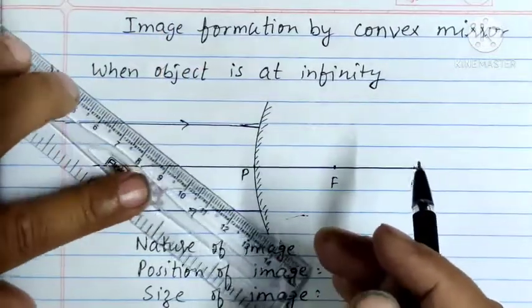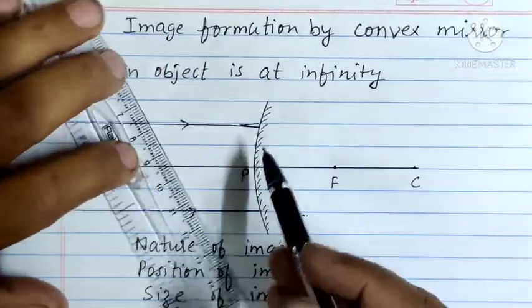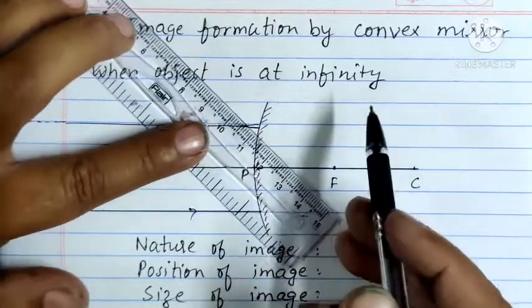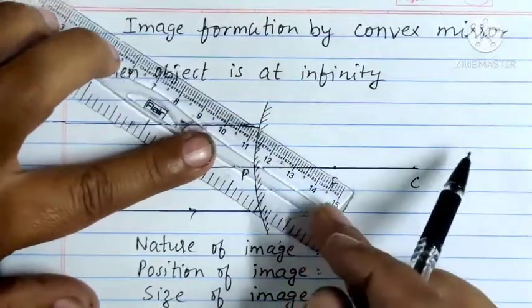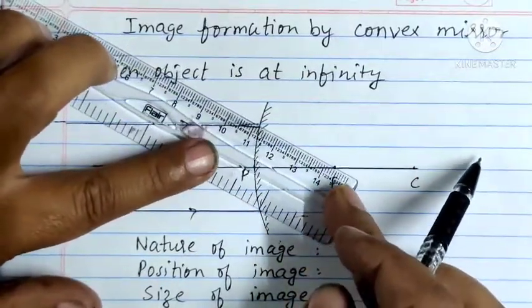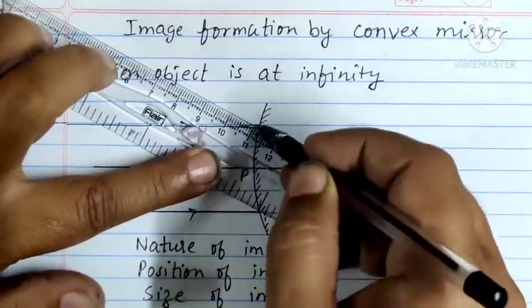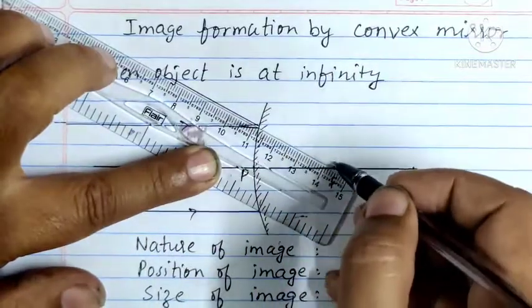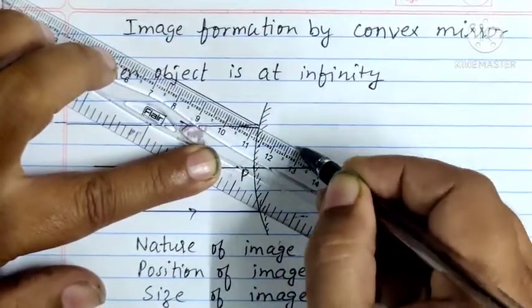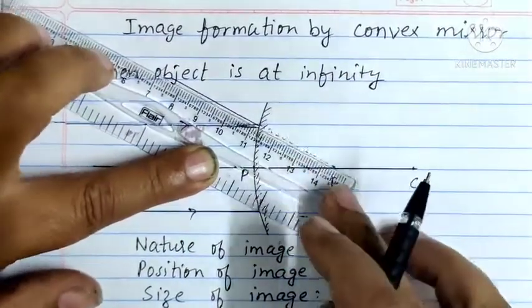Now these two rays, after reflecting from here, will diverge, and that divergence will be from the focus, which will be shown with a dotted line.